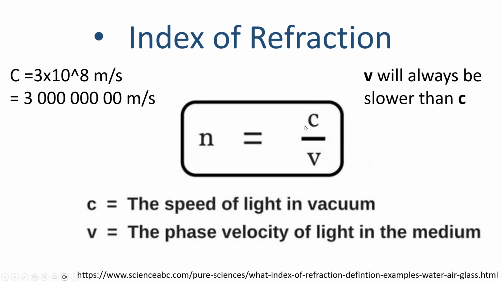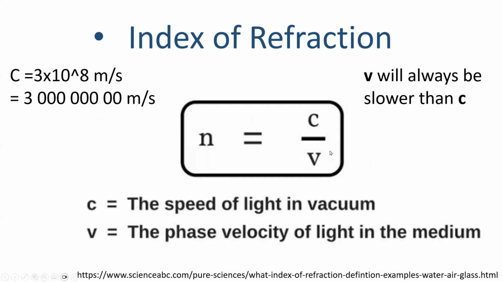Of course, the speed of light in the vacuum is going to be the fastest. Whenever you transmit light through anything other than a vacuum, that somethingness is going to slow the light down.